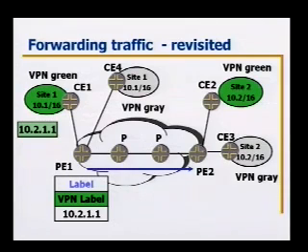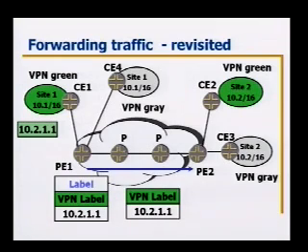So inside the provider's core, we're going to forward the traffic based on the top label only. When the traffic arrives at PE2, it arrives as labeled traffic still with the VPN green label, and PE2 has no trouble knowing that it needs to forward this towards CE2, which is connected to VPN green.